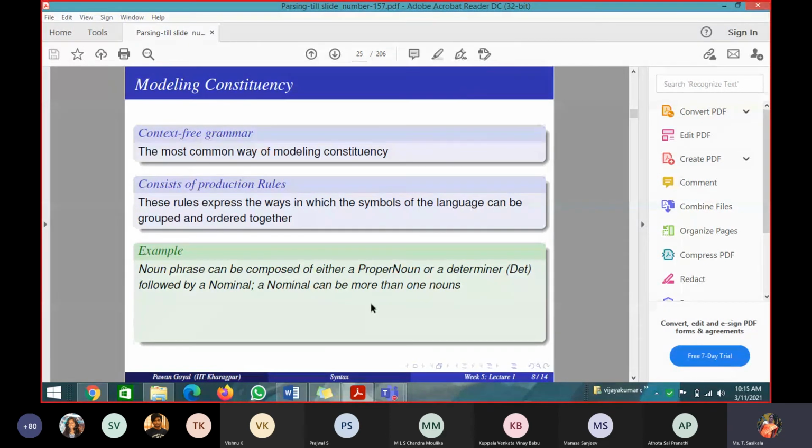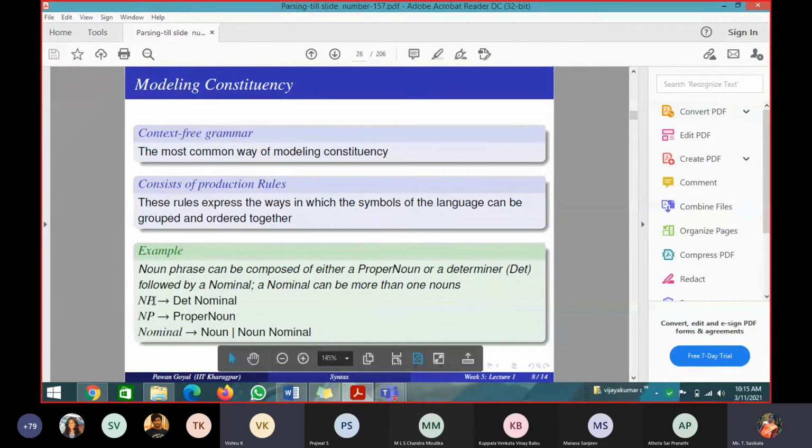Can you write a rule? Even if it is wrong, fine. Can you give a try? NP implies noun phrase, we call it NP. NP implies proper noun, or DT followed by nominal. So how will you write it?